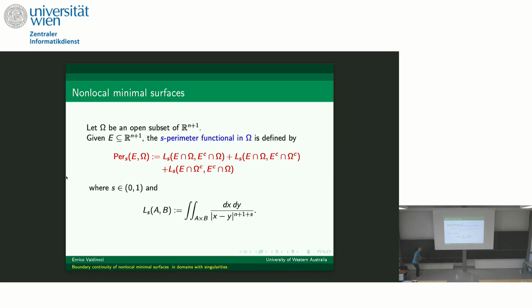So basically, what I have in mind, for the moment at least, is that omega is contained in the ambient space.